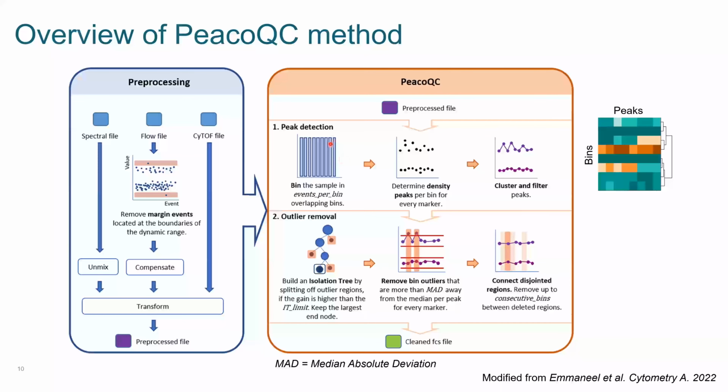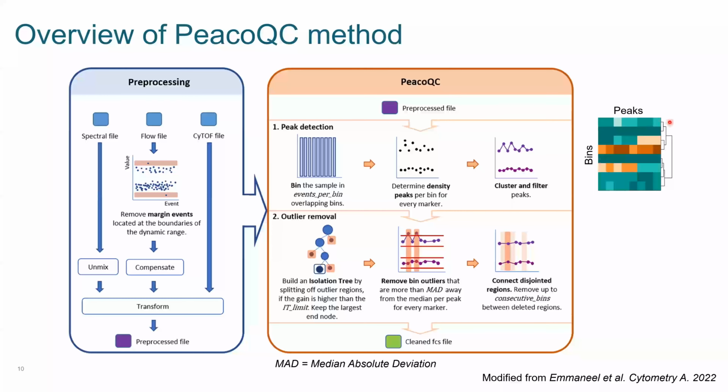But again, there could be bins where abnormalities got introduced, right? So let's say, for instance, this middle bin seems to have kind of an elevation of almost every peak, right? The median is higher in that particular bin. So it's easily separatable from the rest of the bins, right? And I might have a bin down here where it had some kind of a shift in signal for only some of the peaks, right?